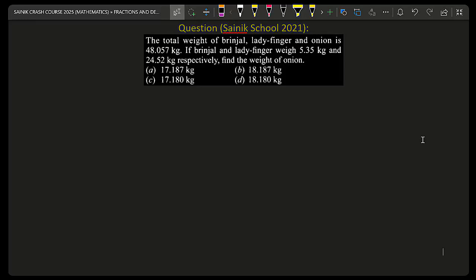If brinjal and ladyfinger weigh 5.35 kg and 24.52 kg respectively, find the weight of onion. Okay. Total weight of all the three vegetables is given. What is the brinjal weight given? Brinjal weight, 5.35 kg, sir. Yes, ladyfinger weight. 24.52 kgs. Now, how can we find the weight of onion from this?